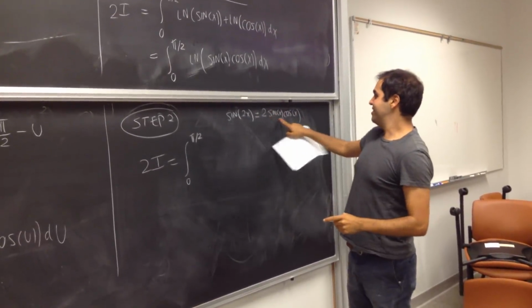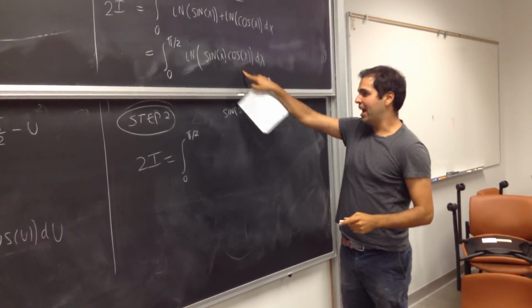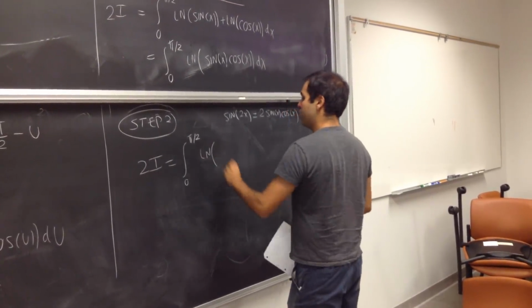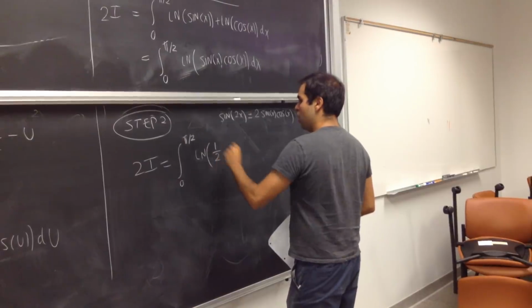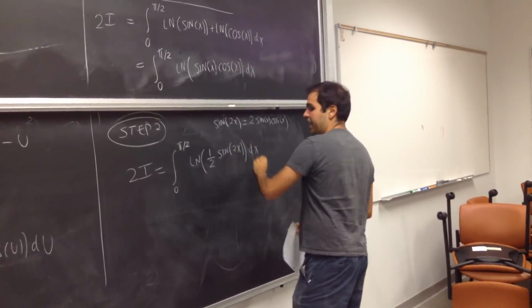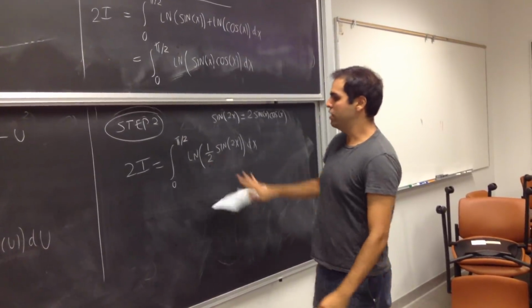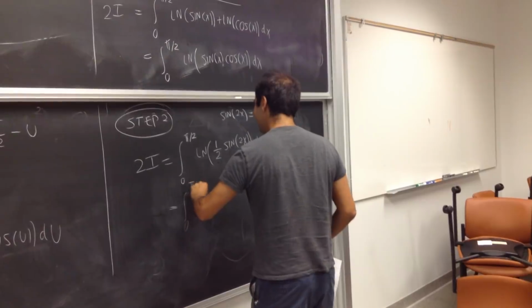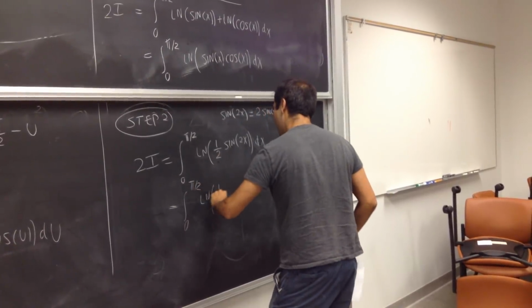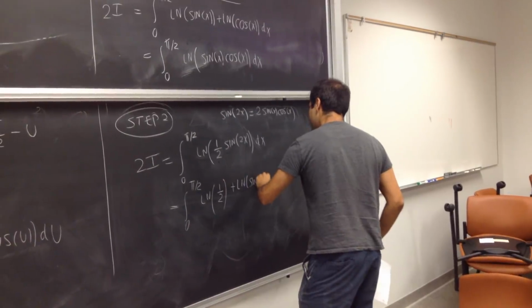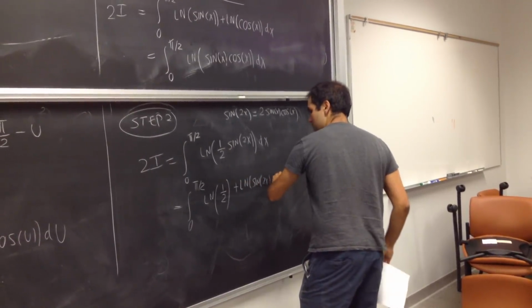So in particular, sine of x cosine of x is 1/2 sine of 2x. So this whole thing becomes ln of 1/2 sine of 2x dx. As I said, we have ln of a product, so it's ln of 1/2 plus ln of sine of 2x dx.